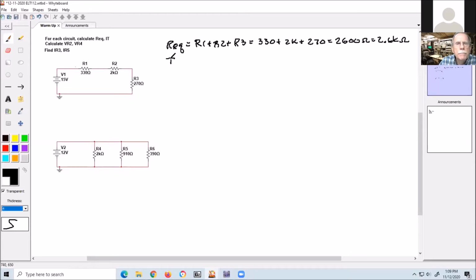IT is always VS over REQ. That's valid for series or parallel. So I have 15 volts divided by 2.6 K ohms. And if we just do a quick double check, R min is, oh wait, that's just parallel.